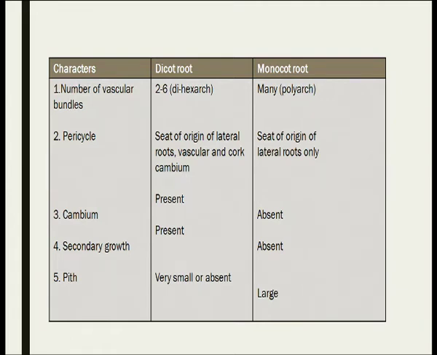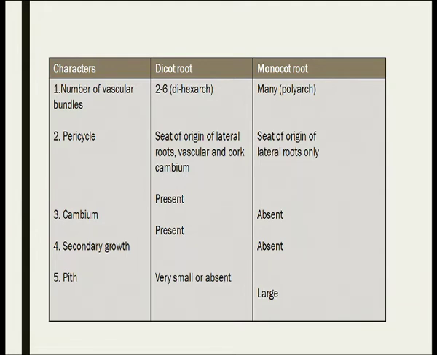So, this condition is called polyarch. If we have 2 bundles, they are diarch. If there are so many bundles, they are called polyarch. So, dicot root is di to hexarch, but monocot root has many vascular bundles. So, it is called polyarch.